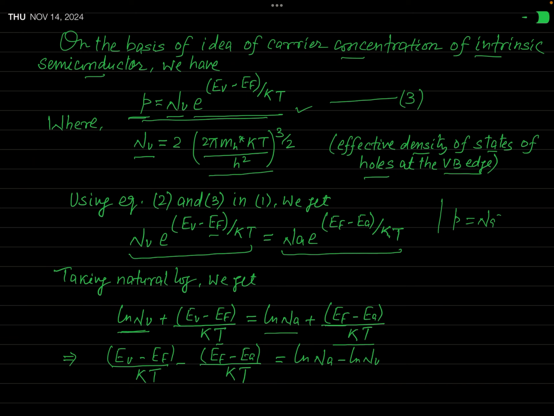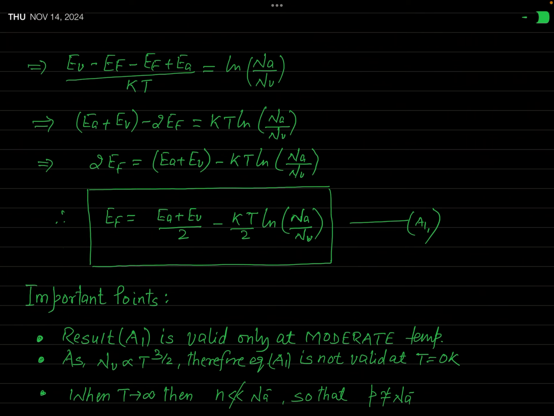So you will get that this will be equal to EV minus EF over KT minus EF minus EA over KT, and that will be equal to log of Na minus log of Nv. Okay. And here you will take the LCM, that will be KT, and so your result will be EV minus EF minus EF plus EA over KT, and that will be equal to log of Na over Nv.